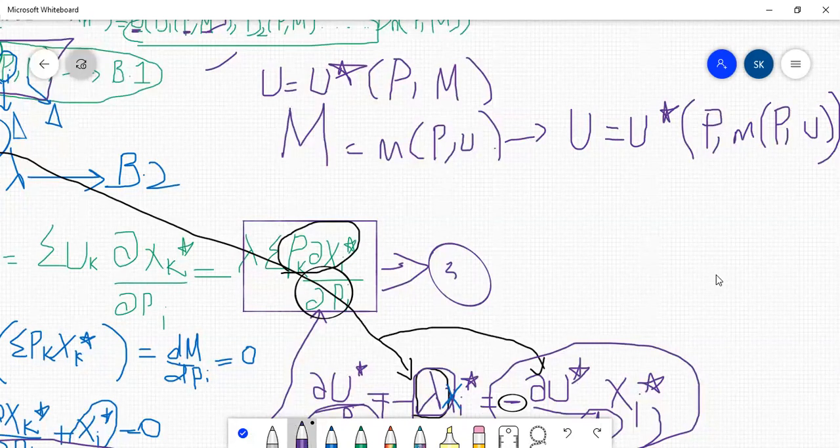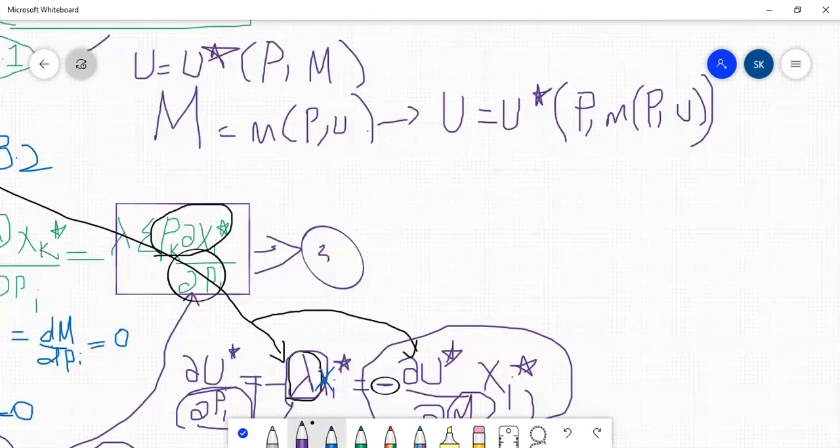One thing should be known over here: in the expenditure function and the indirect utility function, we are differentiating with reference to Pi.